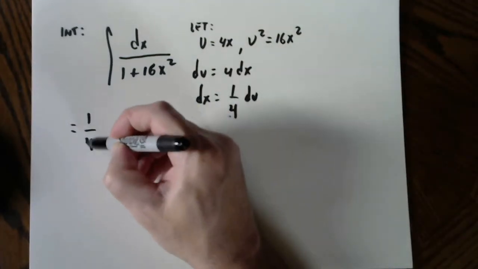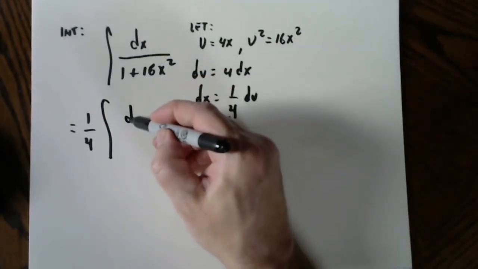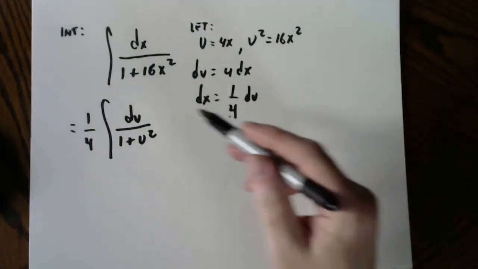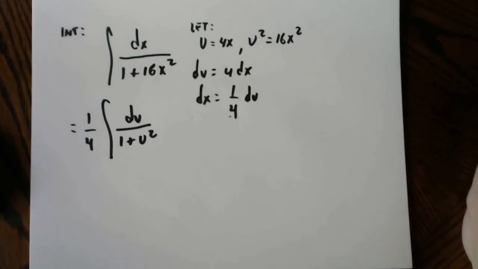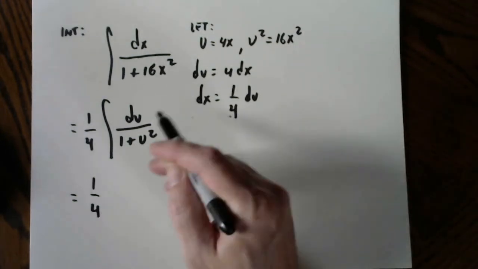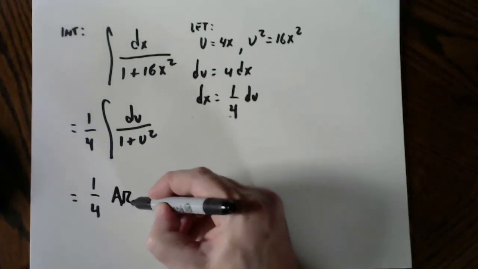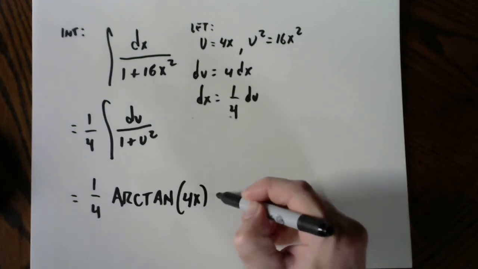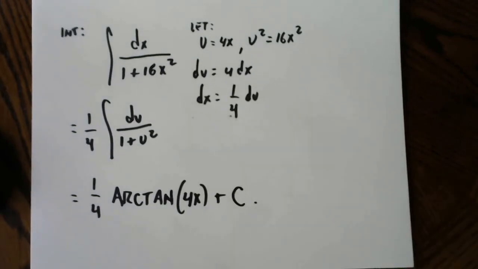So I now have du over 1 plus u squared. What is that? That is my arctan derivative. So this is arctan u. Pop it right in there. Okay?